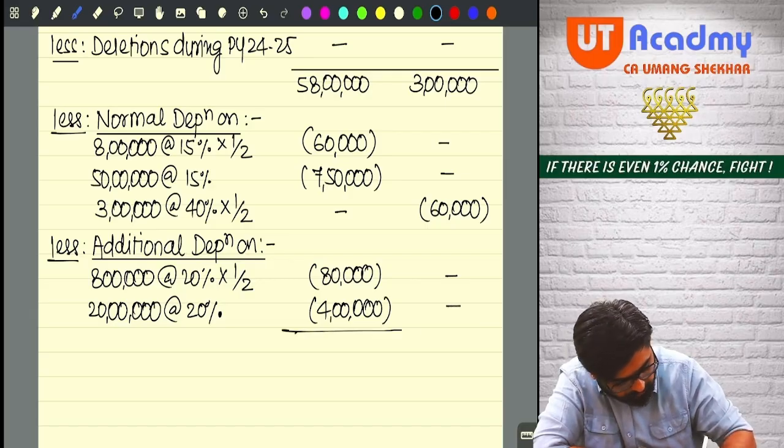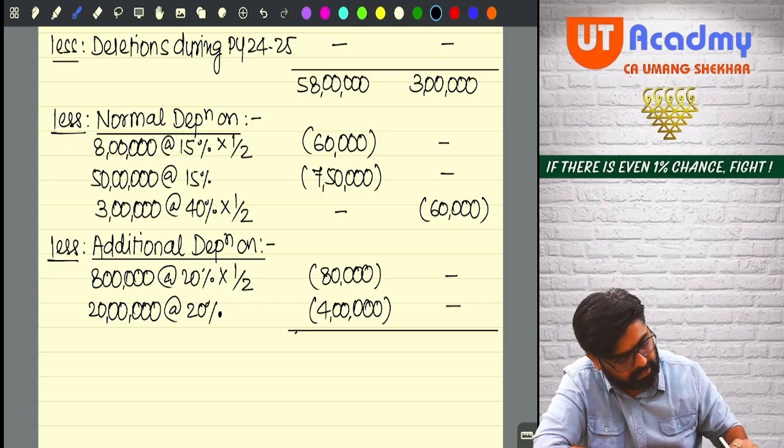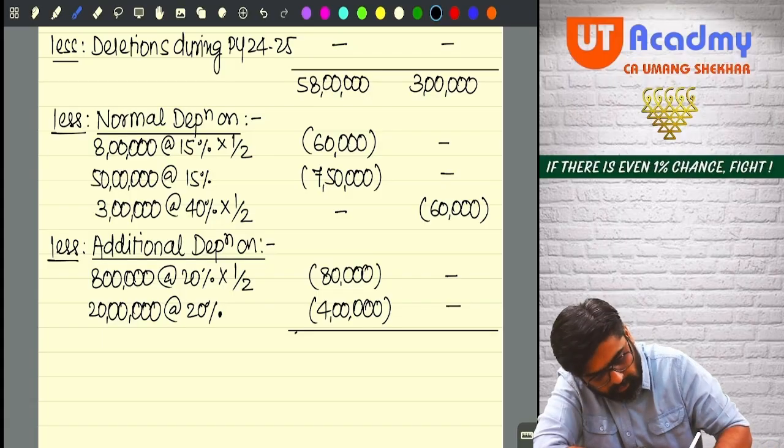So now from 58 lakhs, I will reduce 60,000. I will reduce 7,50,000 minus 80,000 minus 4 lakh. I will get 45 lakh 10,000.